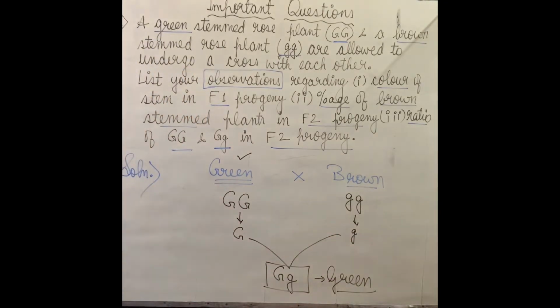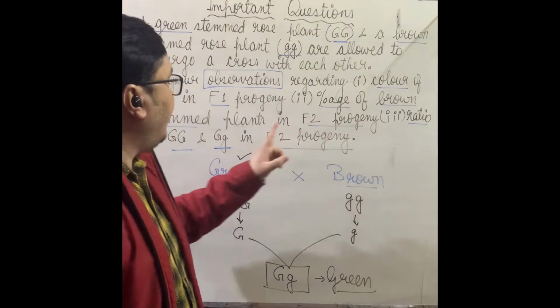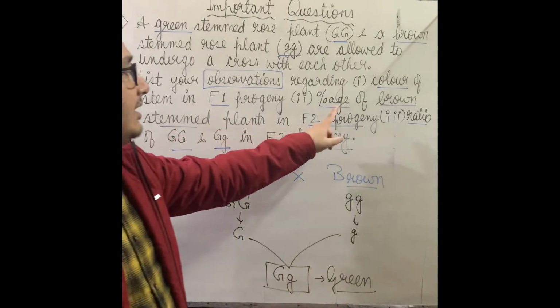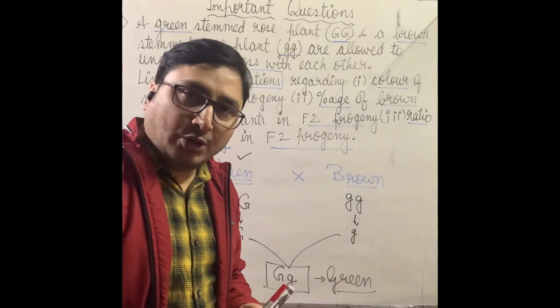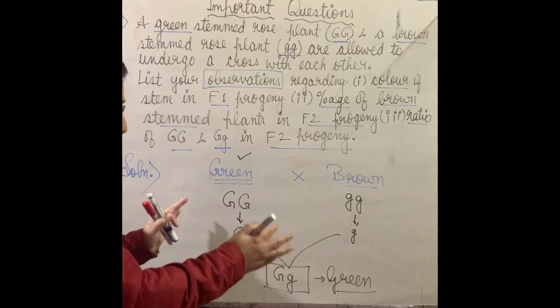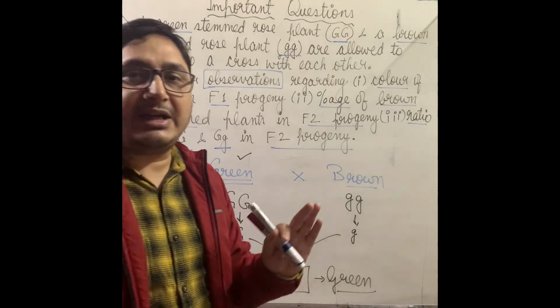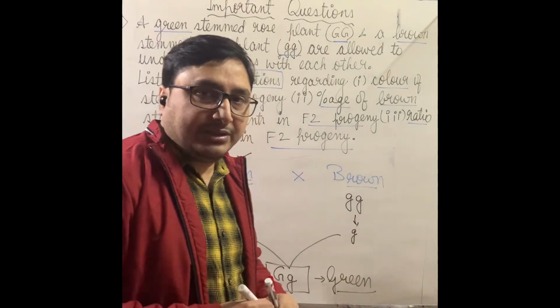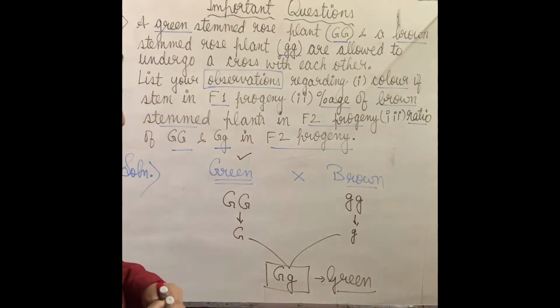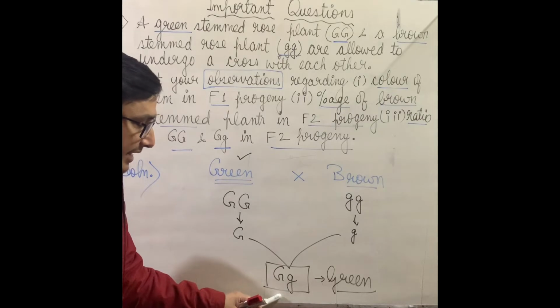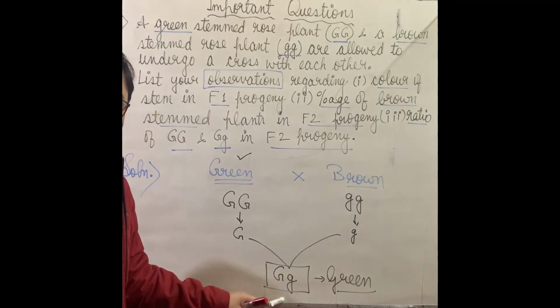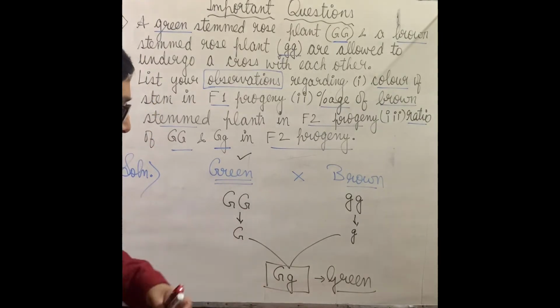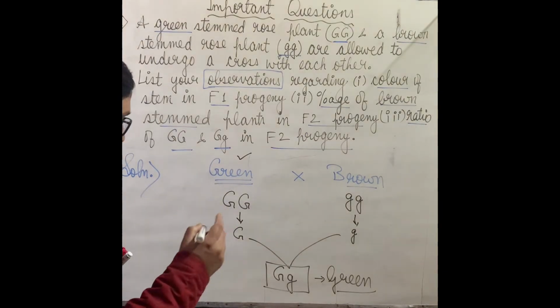Now the second part, percentage of brown stemmed plants in F2 progeny. Now that we have already discussed monohybrid and dihybrid crosses, we know about this. So what happens next? Selfing will be done of these F1 plants. And what ratio do we get? What are the genotypes that we get in F2?